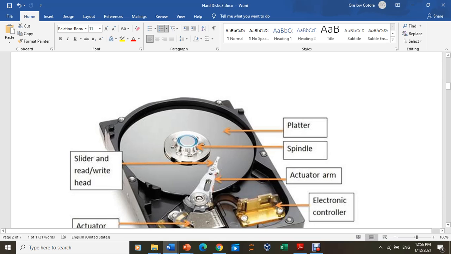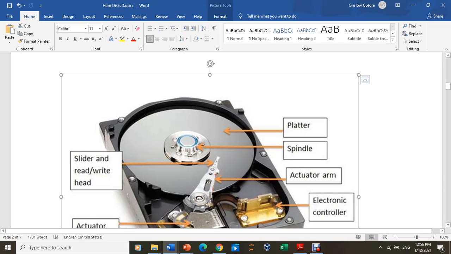Seek time is the time it takes to move from this position to bring this part in line with the read or write arm. That's the first thing, seek time from one track to the next, and as we said, average seek time is the one that's going to be used.